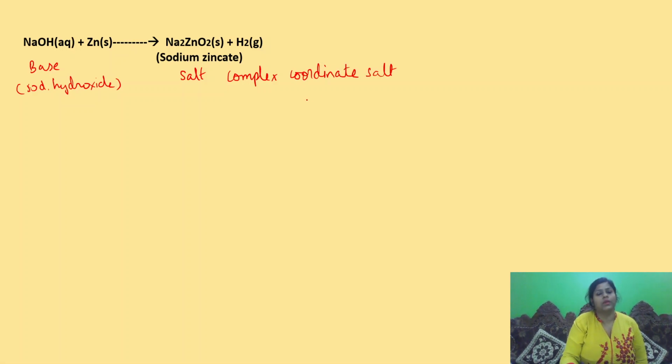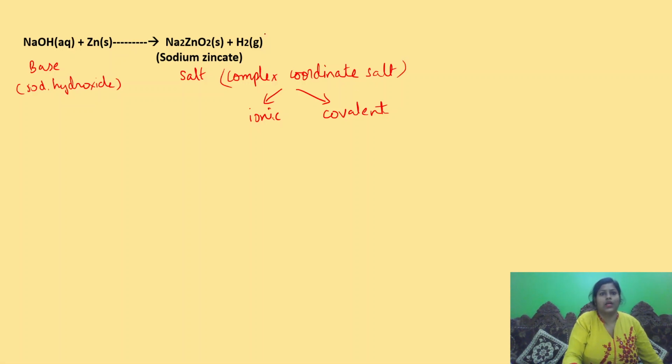What is the meaning of complex coordinate salt? It means that it has both ionic as well as covalent bonds. And I don't think I need to explain it. You know that ionic bonds are formed by transfer of electrons and covalent bonds are formed by sharing of electrons. So this is a complex coordinate salt and hydrogen gas is released here.